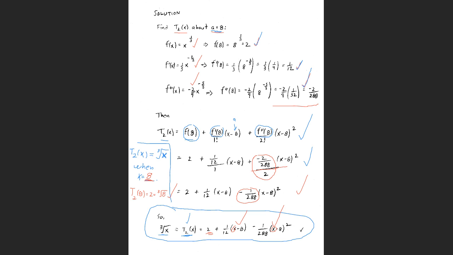When we constructed the Taylor polynomial, what was our value of a? It was 8. Right. So, of course, the Taylor polynomial will equal the function at x equals 8. But not for the other x values.